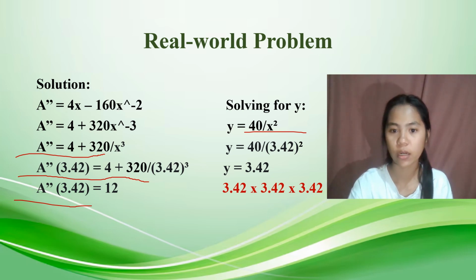And there we have simplified this equation, and now we have the value of y, which is 3.42. Thus, the dimension of the box with the least amount of material to be used is 3.42 feet times 3.42 feet times 3.42 feet.